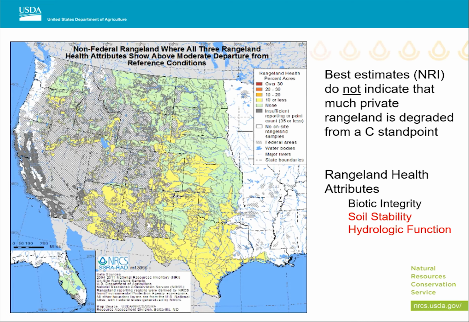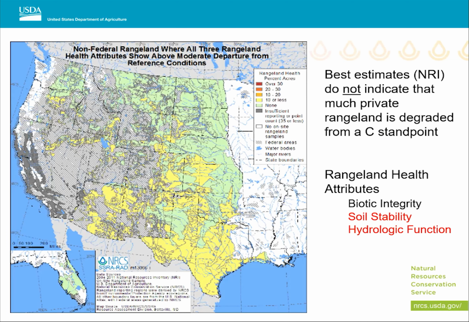The National Resource Inventory is the best tool that we have for assessing condition of cropland or rangeland or forest or anything like that. They really don't indicate that much of the private rangeland is degraded from a carbon standpoint, based on rangeland health attributes of biotic integrity, soil stability, and hydrologic function.